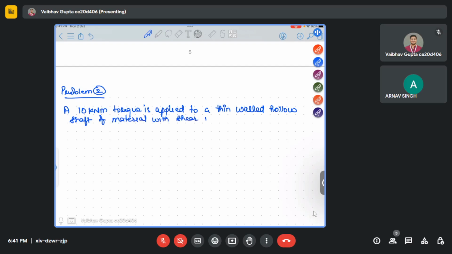This time shear modulus is given. When they do not give you shear modulus, they will give you Poisson's ratio and elastic modulus, so to calculate shear modulus it is E upon 2 into 1 plus Poisson's ratio. We saw this in the first problem. So a shear modulus of 70 GPa is given to us, and the shaft has the cross section shown below.